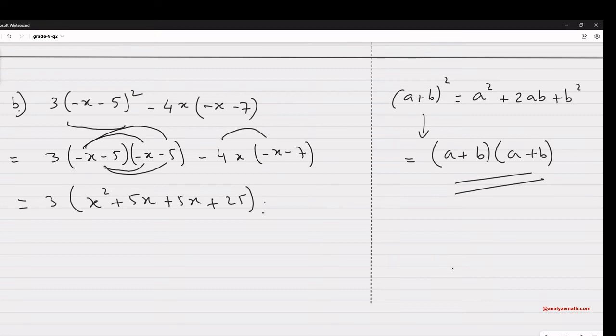Minus 4 by minus 1, that gives me plus 4. And then the x by the x, that gives me x². And then negative 4 by negative 7, that gives me 28. And then of course let's not forget the x here.